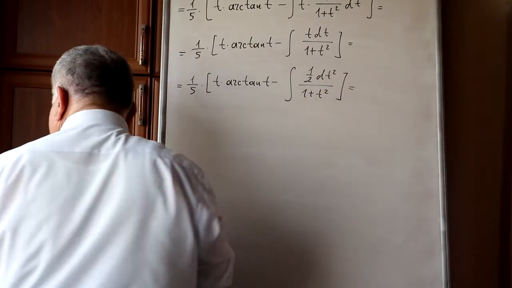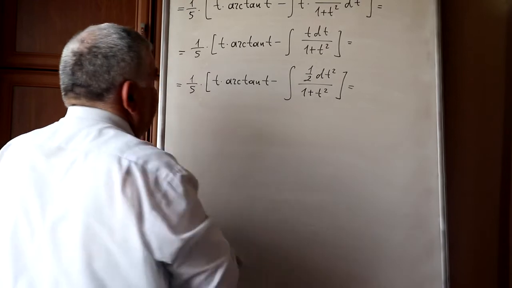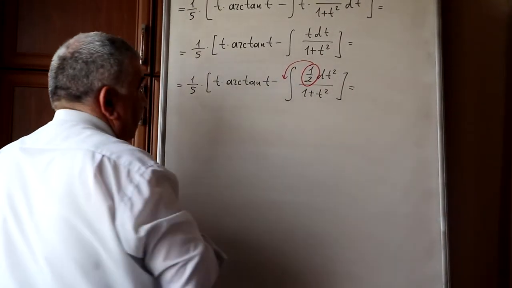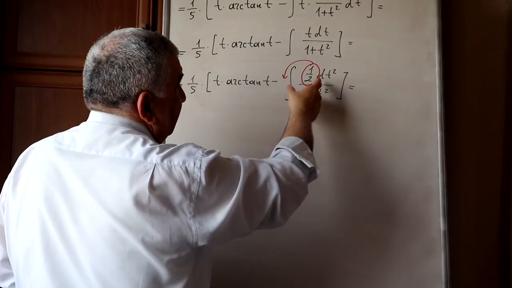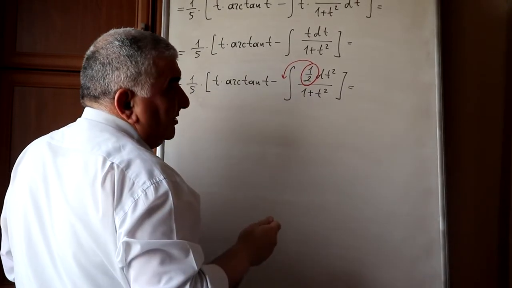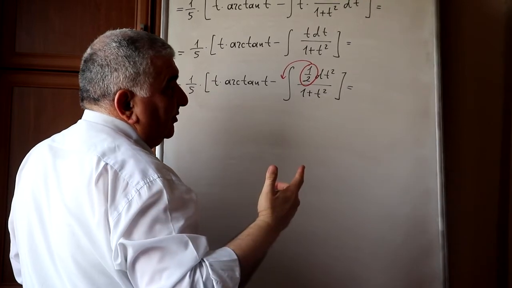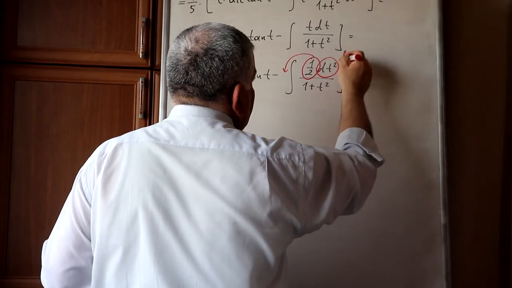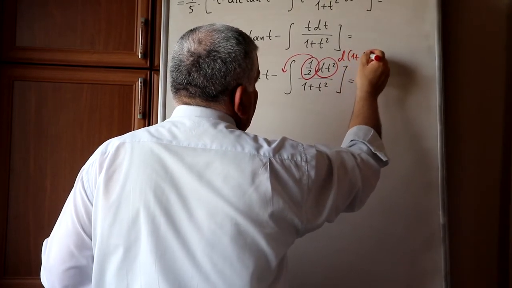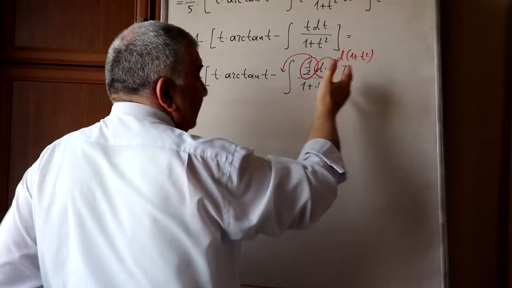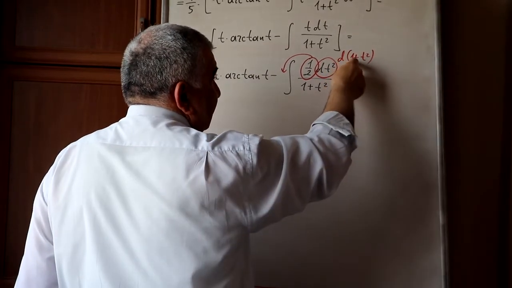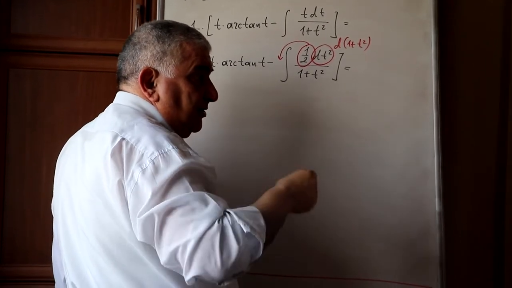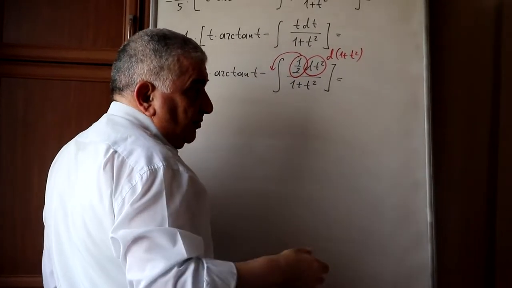Then take 1/2 out of the integral symbol, because 1/2 here is a constant factor, and we can also rewrite dt squared as d of 1 plus t squared, because the differential of a sum is the sum of differentials, and the differential of 1 is 0, because the differential of a constant value is 0.